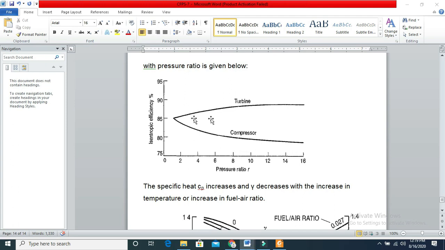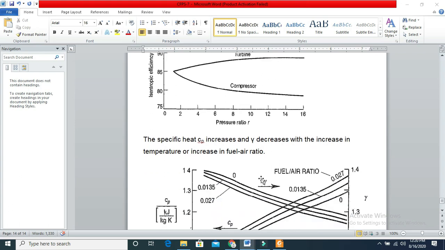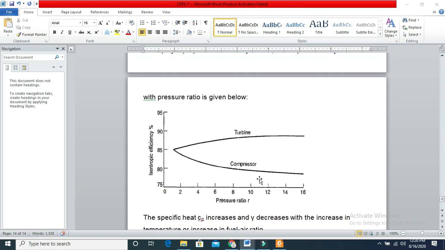But here the polytropic efficiency is 85% for all the stages. Similarly, polytropic efficiency is 85% for the turbine, but the overall efficiency increases with the increase in pressure ratio. So this is one of the factors in the real cycles.